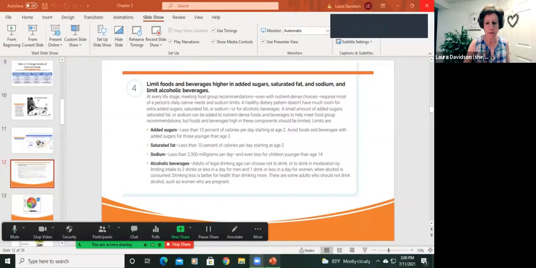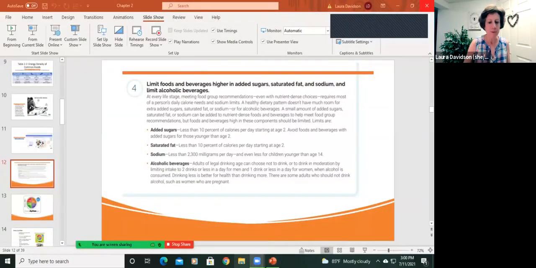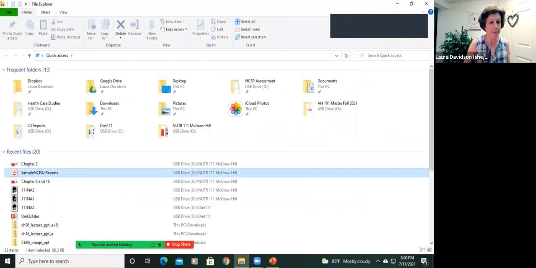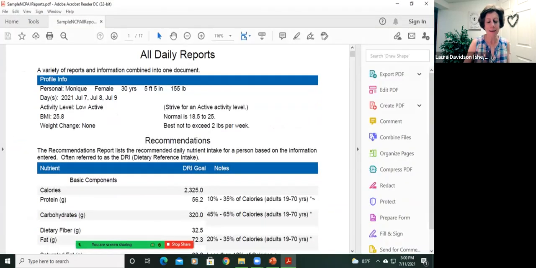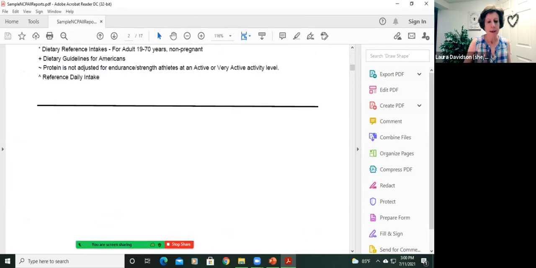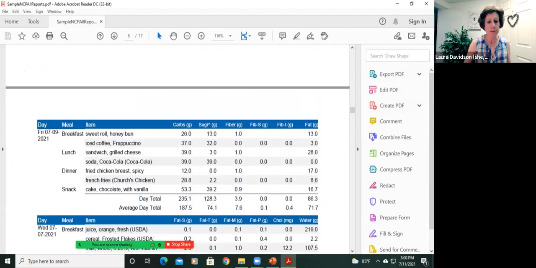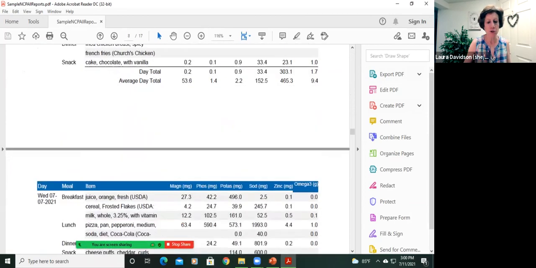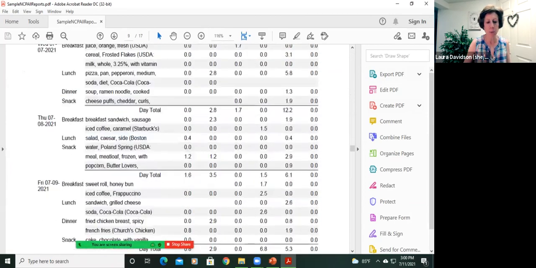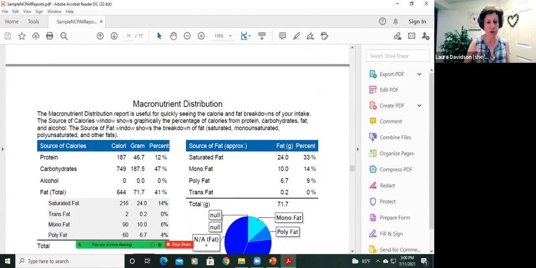All right, so I have to change and go back into this, and I'm on my screen, not my whiteboard, so we should be where we should be. Okay, so I want to show you a neat report on here. There is a macronutrient distribution report and a total calories chart that will save you some work for certain things, not for the sugar.